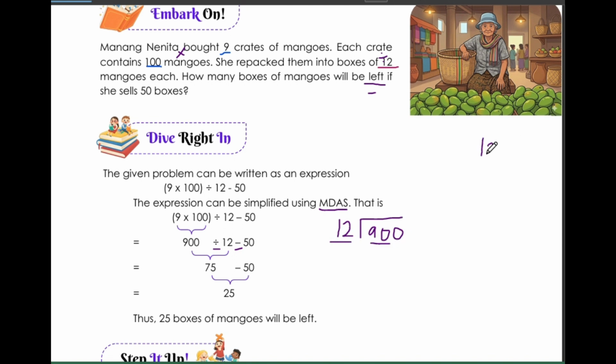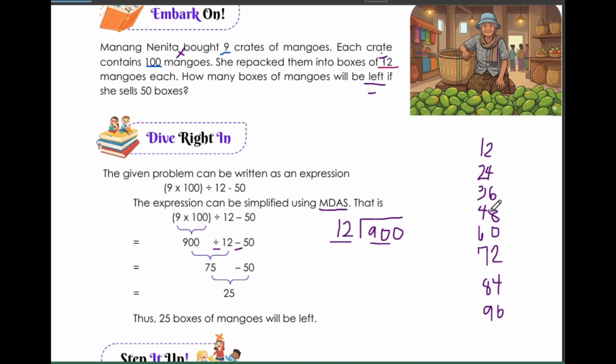We can do a times table chart of 12. 12, 24, 36, 48, 60, 72, 84, and 96. As you can see, 96 is bigger now, so we're going to use 84.